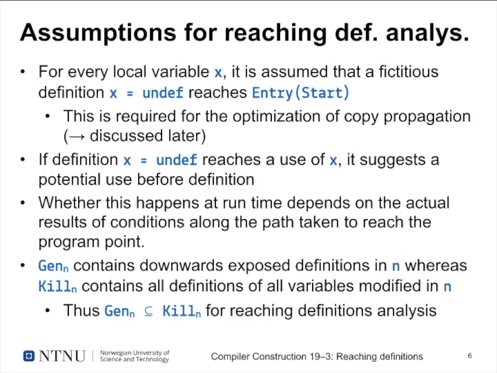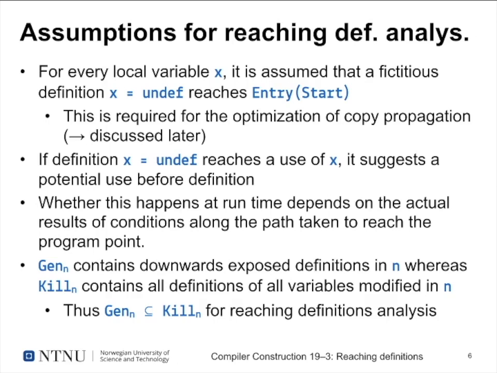So to perform a working reaching definitions analysis, we have to make some assumptions here. For each local variable x in a piece of code, we assume that some fictitious definition x equals undef reaches our entry. So we have a state we can actually start from. This is actually not required in every case, but we need it for optimization of copy propagation, as we'll see later.